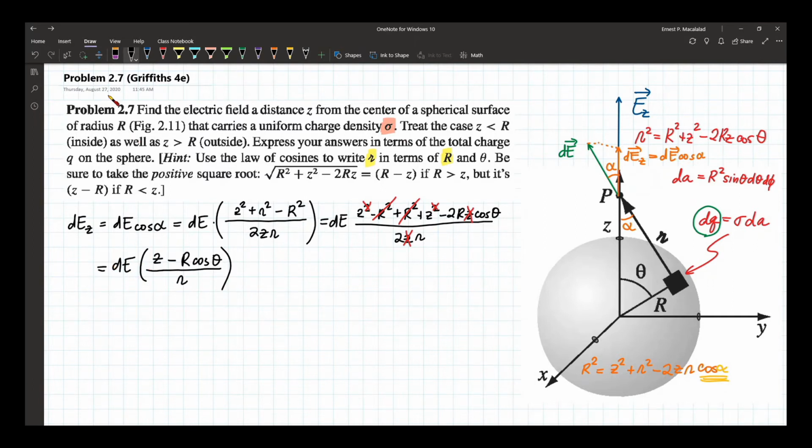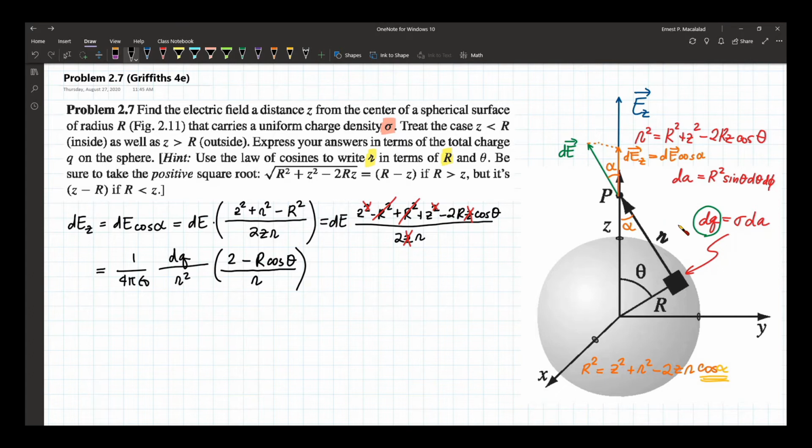Okay, but what is dE? Allow me to move this here. dE will now be equal to 1 over 4 pi epsilon naught times dq divided by script r squared.